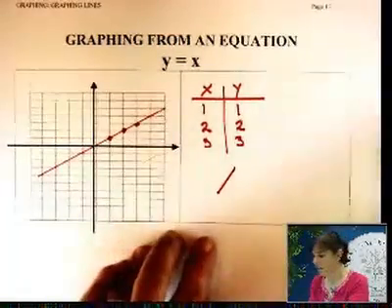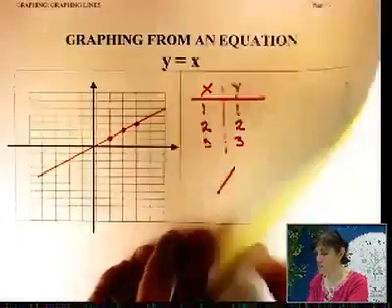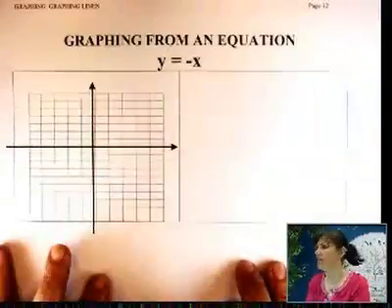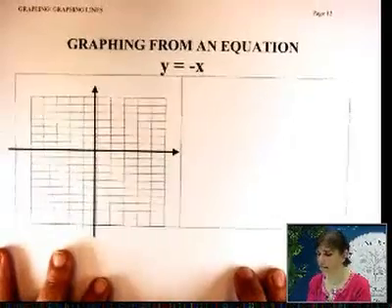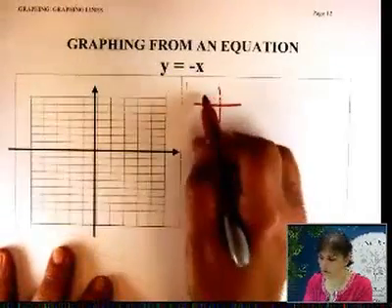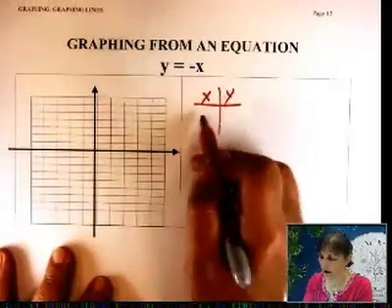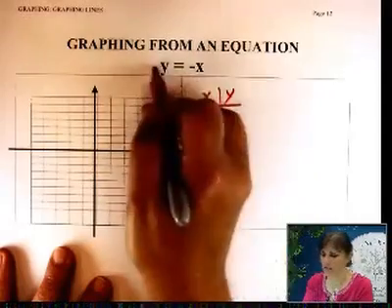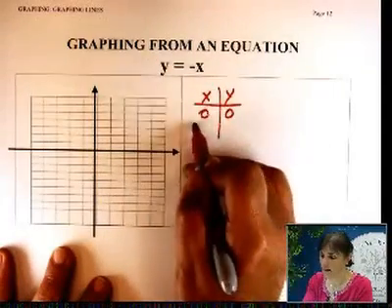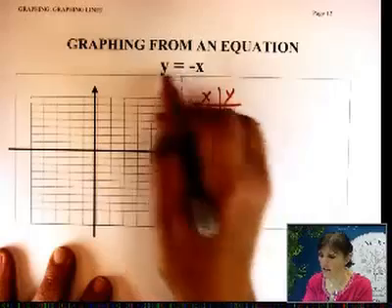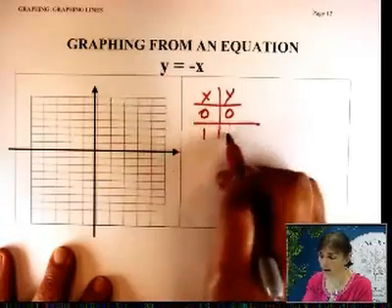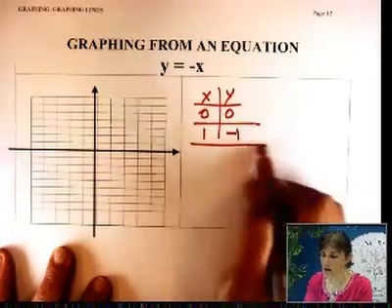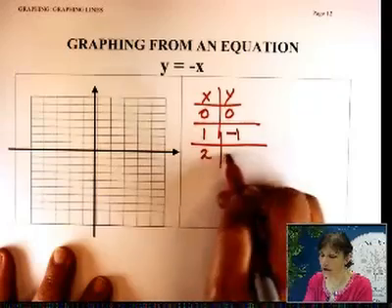Let's look at another special one. y equals negative x. Okay, let's make a table. I pick 0, y will be 0, (0, 0). Let's pick 1, y equals negative of that, which is negative 1. A third one to check, 2, negative 2.